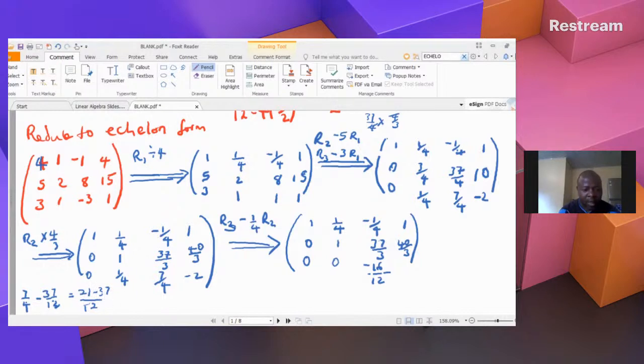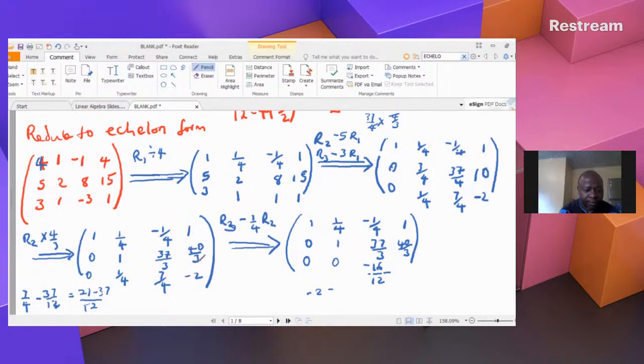And let me come to the last one here. It is negative 2. Just do it here. Negative 2. I'm looking at the operation here. Minus a quarter multiplied by this. What is a quarter multiplied by this?